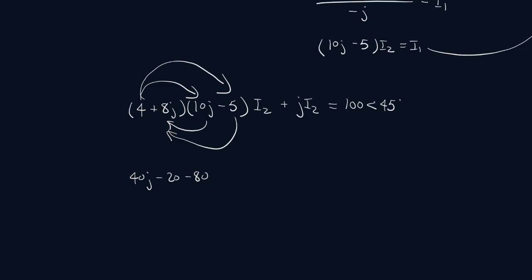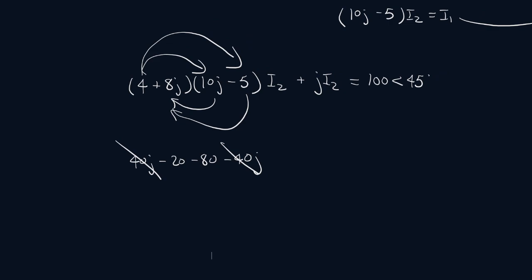Then 8j times minus 5, which is minus 40j. So we see this and this, they both cancel each other out. So now this is minus 20 minus 80, which is minus 100 I2, plus jI2 is equal to 100 phasor 45 degrees.